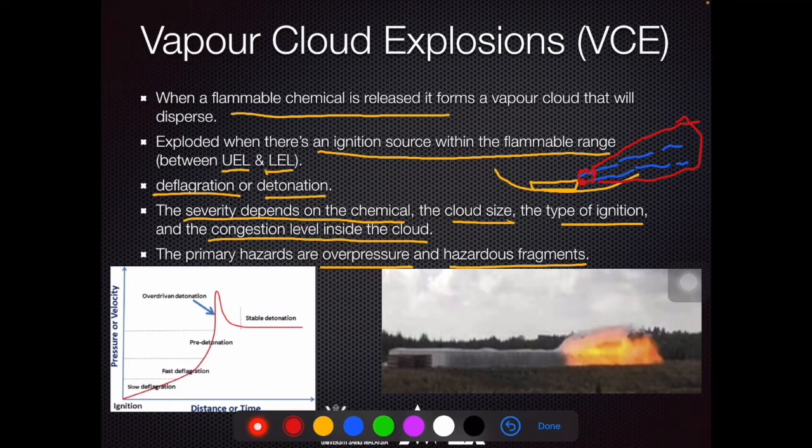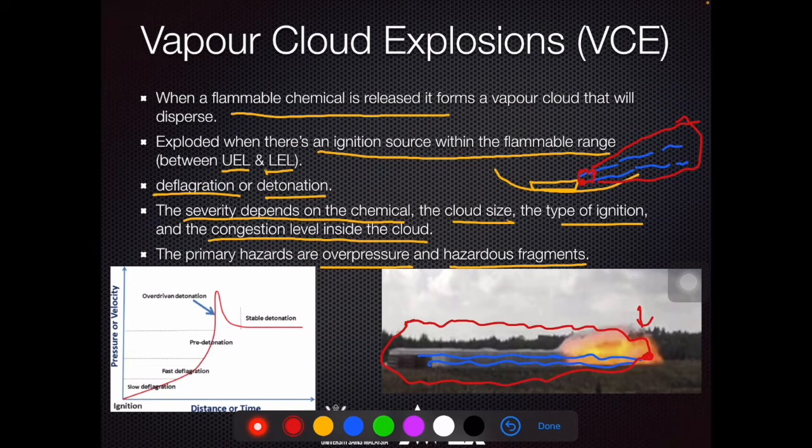As you can see in this picture, this is the origination of the explosion, but the gas already filled this area from here, and here is the source of ignition. The explosion will happen from here back to the origin of the fuel source.